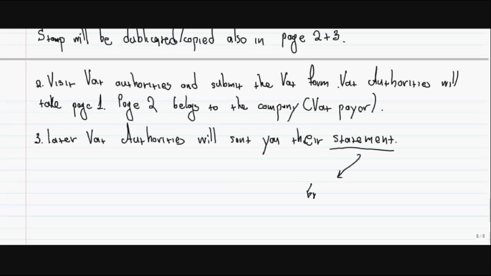I will show you an empty VAT statement. Unfortunately, the VAT form is only in Greek. Okay, let's see a sample VAT statement.